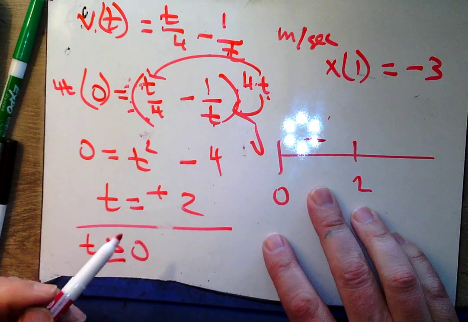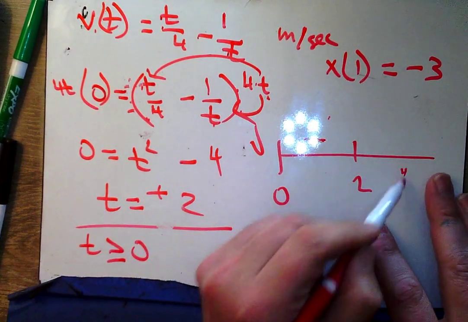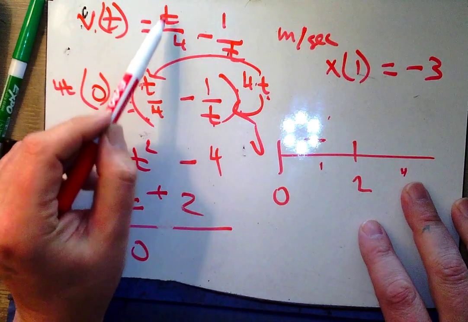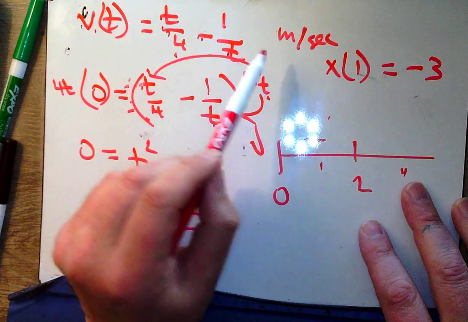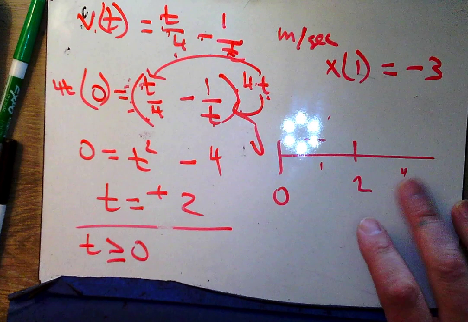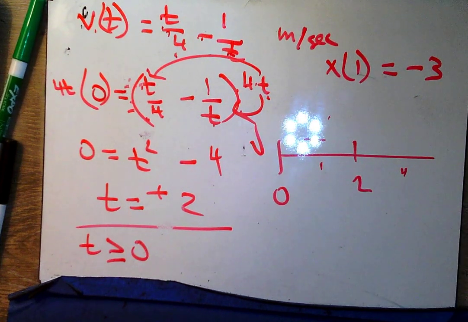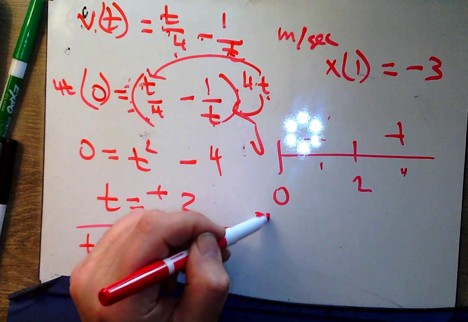That is distinctly negative. If I plug something here like a 4, 4 over 4 is 1, 1 minus 1/4. And that's definitely positive.